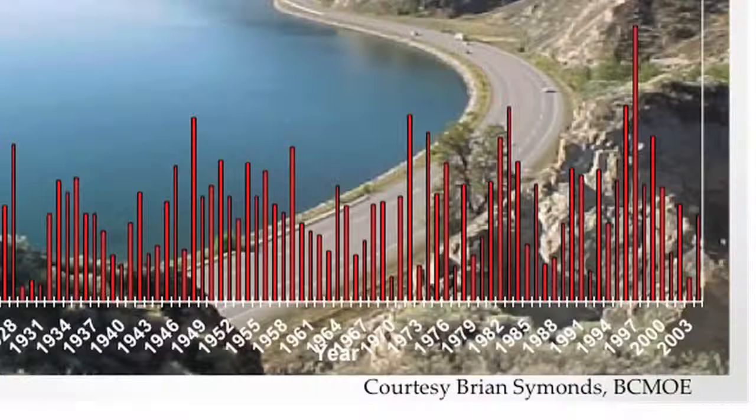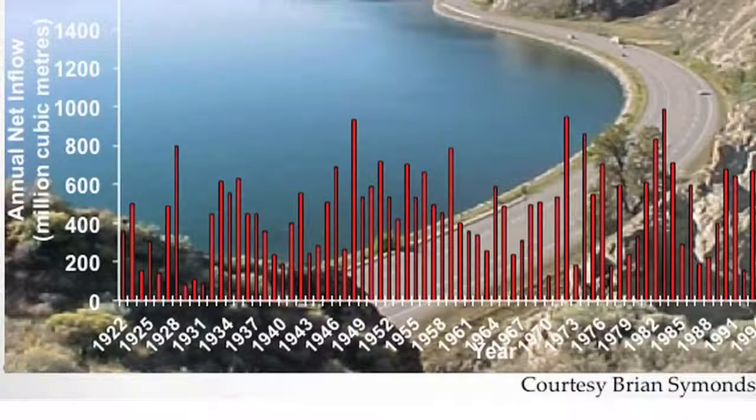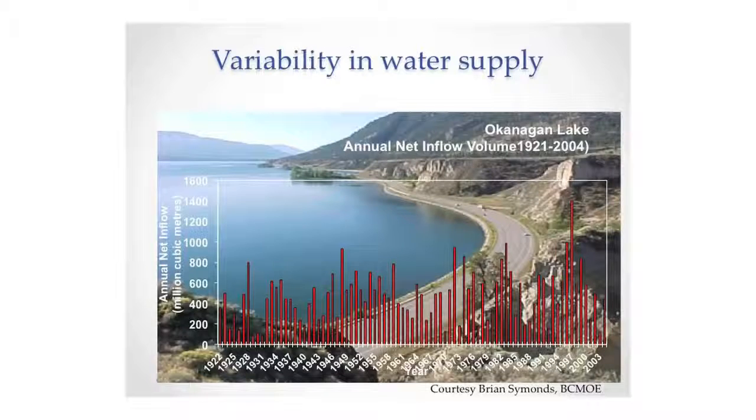The all-time driest period in the historical record was a 3-year period, 1929 to 1931, when our lowest inflows to the lake were recorded. So this is our historical drought, and we use the flow regime, as best we can recreate it from that period of time, to really understand what a real, prolonged drought would look like in the valley. I'll come back to this a little later when we talk about drought, but just to give you an idea of the variation in net flow into the lake from year to year.